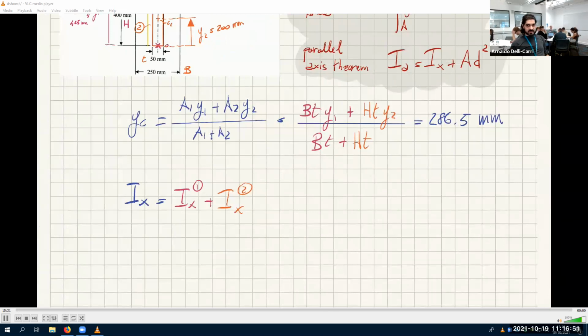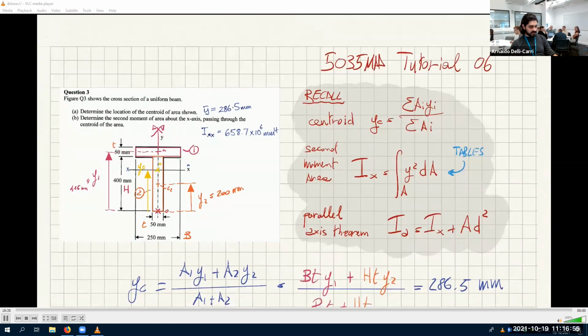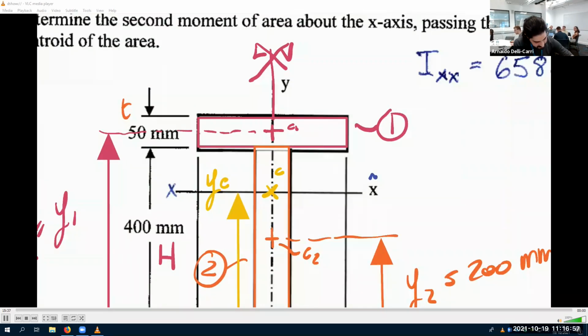Problem is that for rectangle 1, we know that about this axis, x1, it's bh cubed divided by 12. Remember that? For rectangles, bh cubed divided by 12. For squares, L to the power of 4 divided by 12.